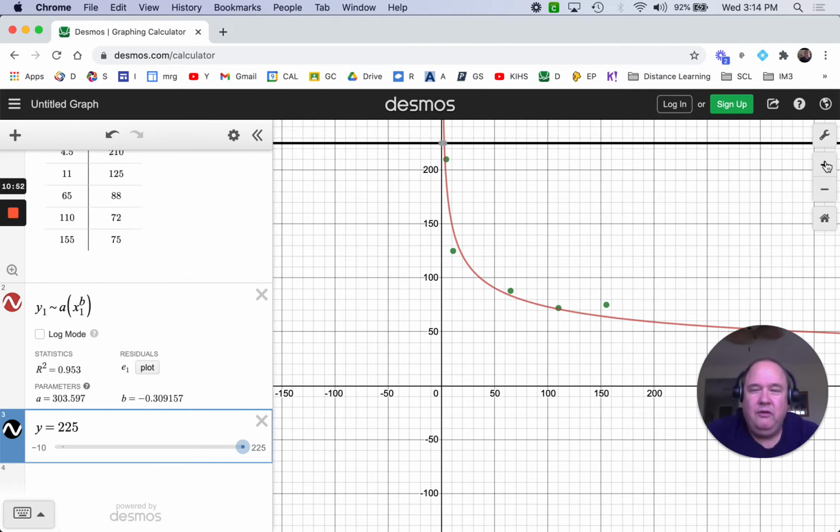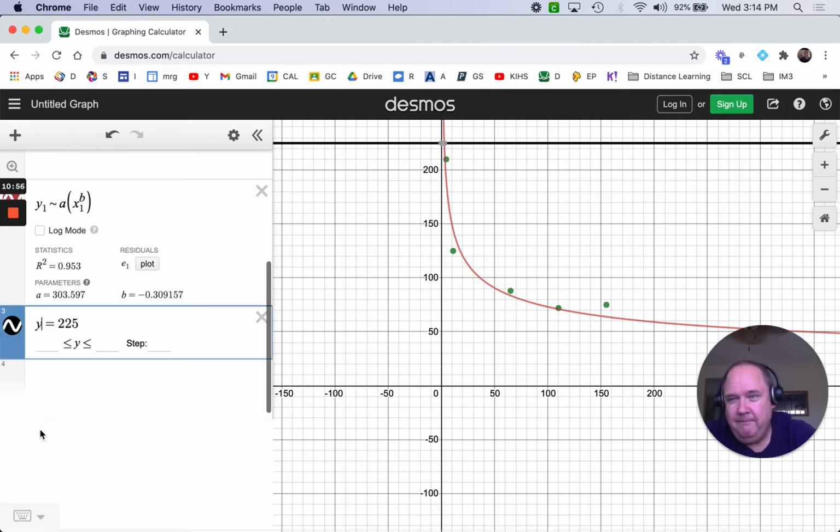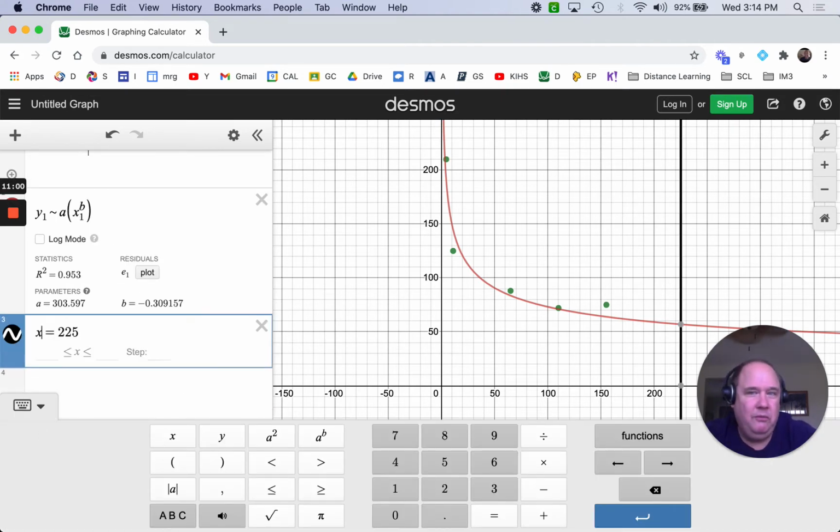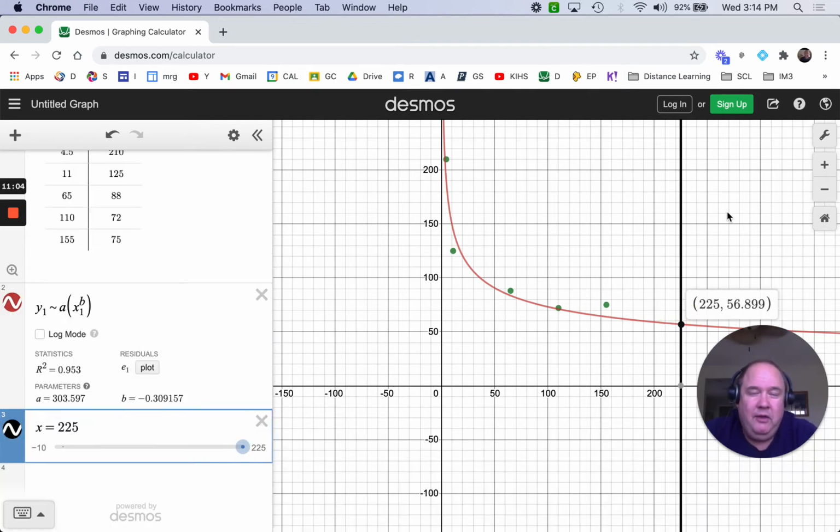It's not going to be y equals, because it's the first column. Weight is the first, it's the x. So type in x equals, and then where they intersect is the answer. So that can work for a substitution question, an evaluation, solving an equation. You're just looking for the point of intersection. And then this tells you the beats. So approximately that's about 57. And then we write the answer down.